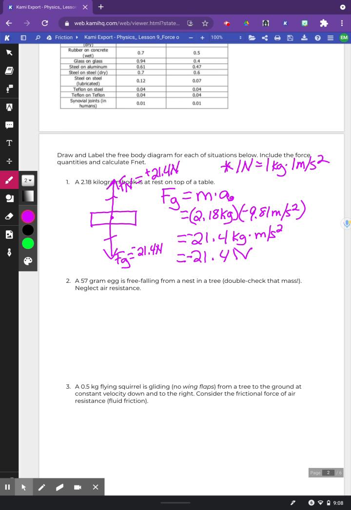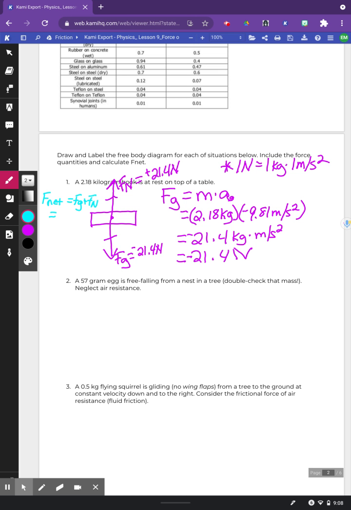And the last thing I should do is calculate my F net. I'm going to change my color here so that it just shows up a little better. F net is the sum of all of the forces. So the only forces I have here are Fg plus Fn.